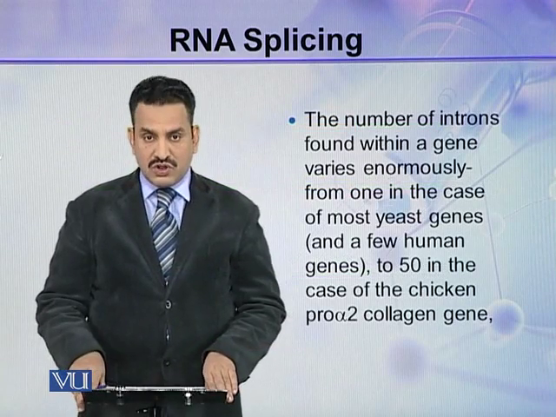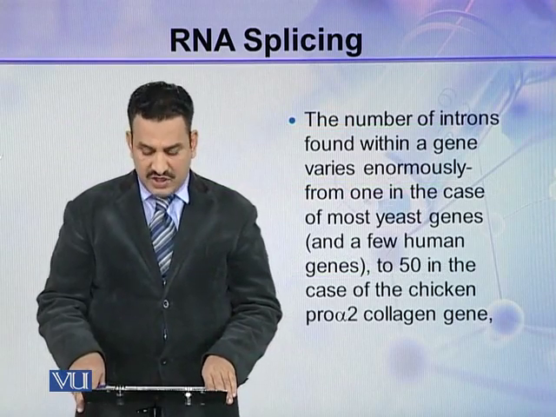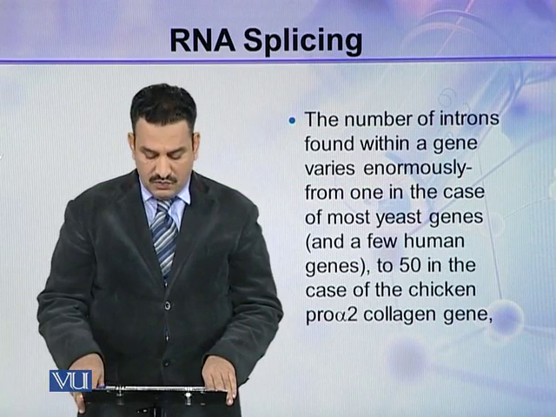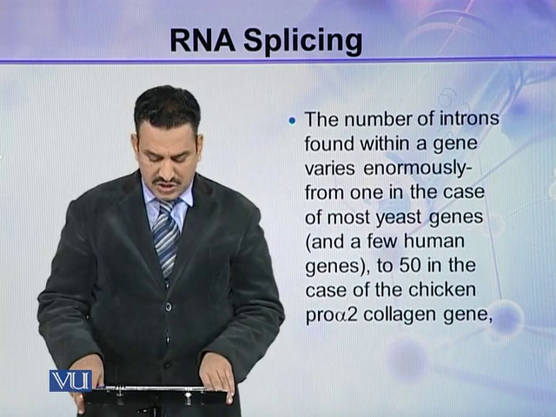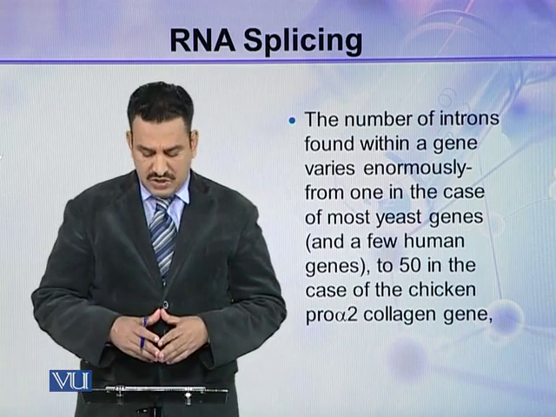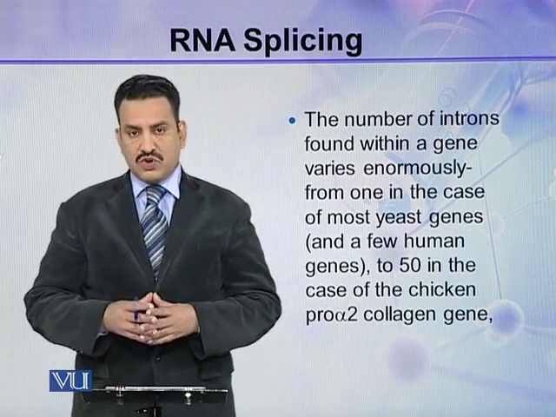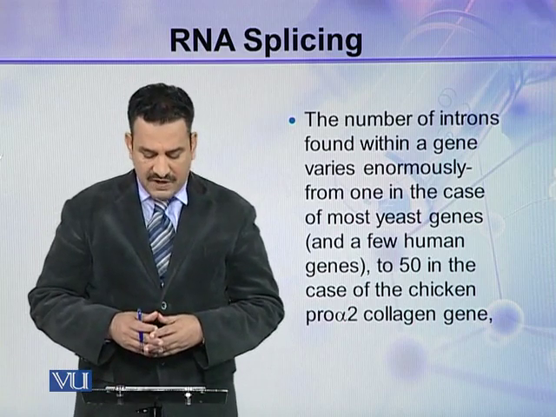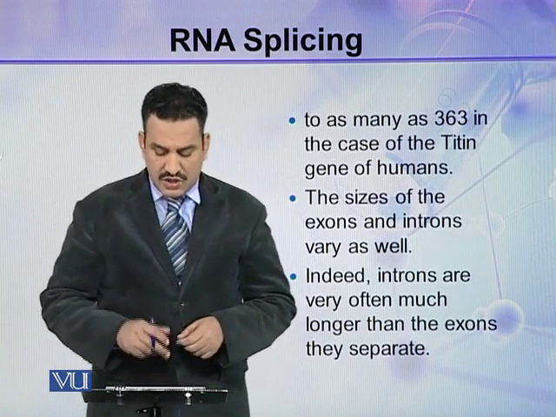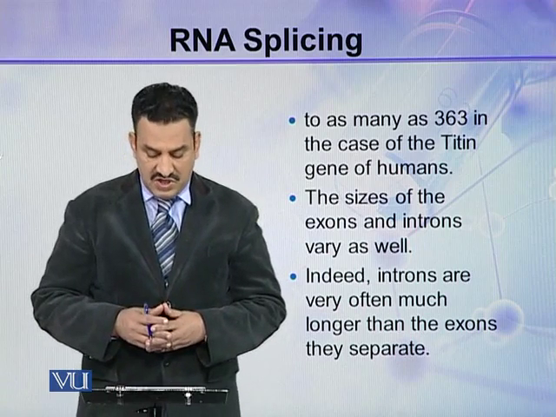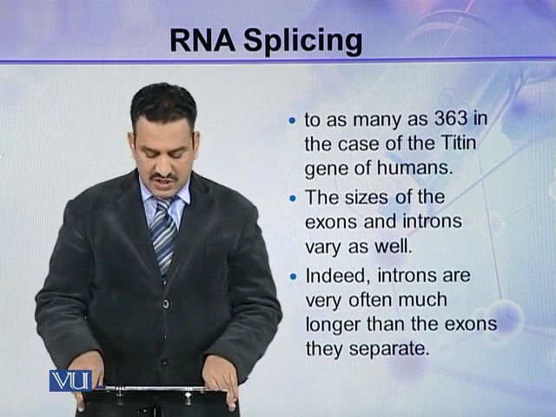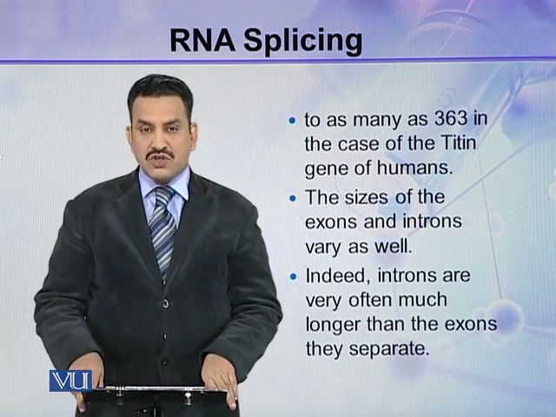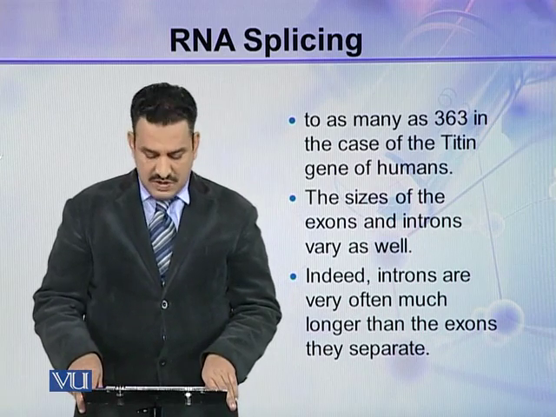The number of introns found within a gene varies enormously, from 1 in the case of most yeast genes and a few human genes, to 50 in the case of the chicken pro-alpha-2 collagen gene, and to as many as 363 in the case of the Titin gene of humans. The sizes of exons and introns also vary.